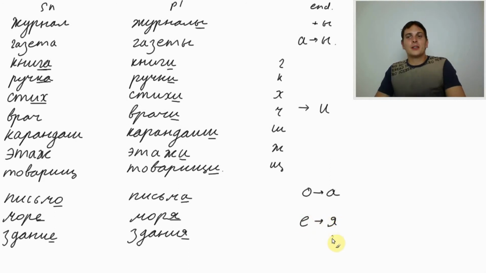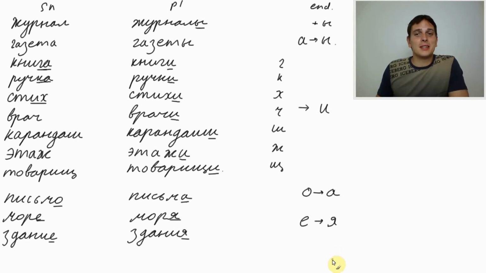So, now we've got all of the rules to create a plural of Russian nouns. Not all of the rules, I'm lying to you. Those are the structured rules which I can present to you in the form of a table. What is this table important for? For you to understand the logic of creating the plural, of creating a solid base.